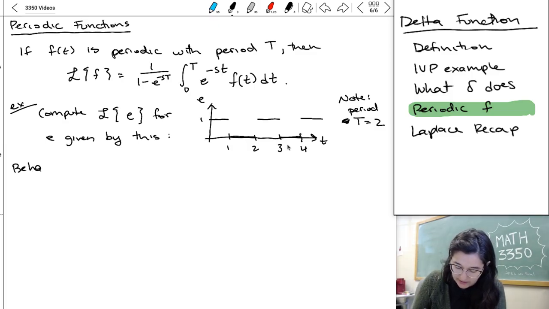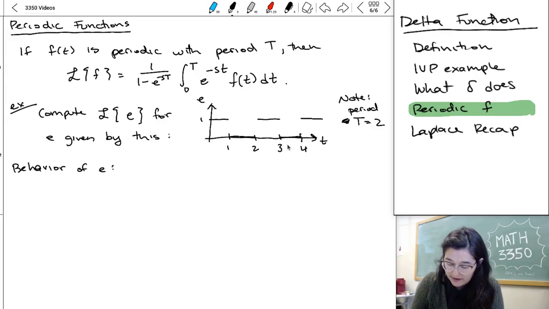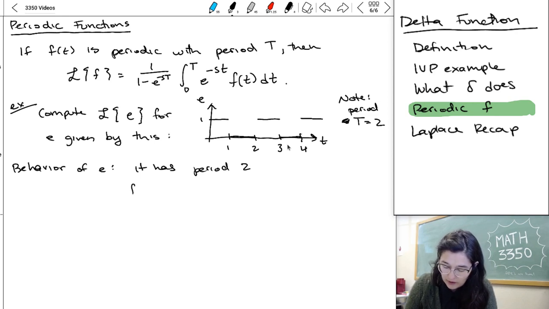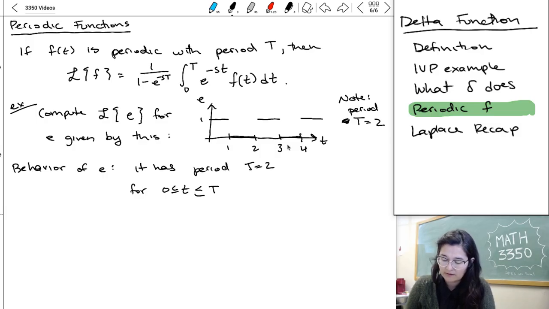And so just to write out, the behavior of e is that it has period 2. I'm going to go ahead and write period T equals 2. And then for any duration of time inside that period, I'll go ahead and do inclusive.